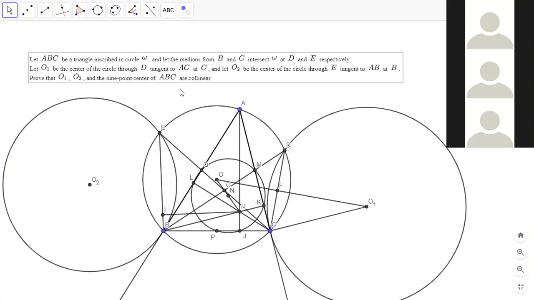So maybe you have an idea. Hmm. This is so tricky.